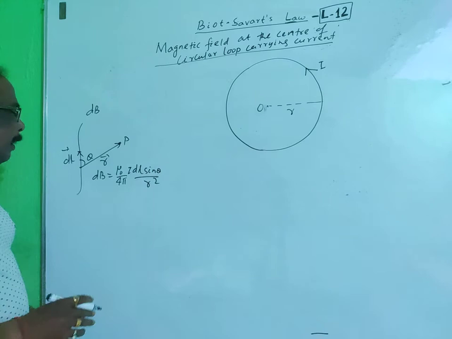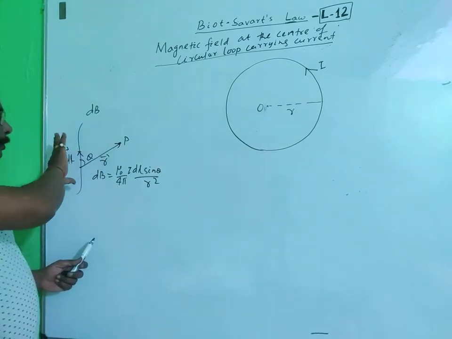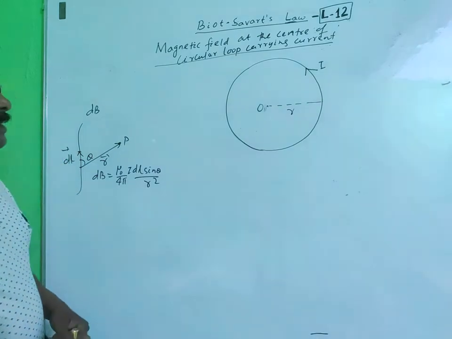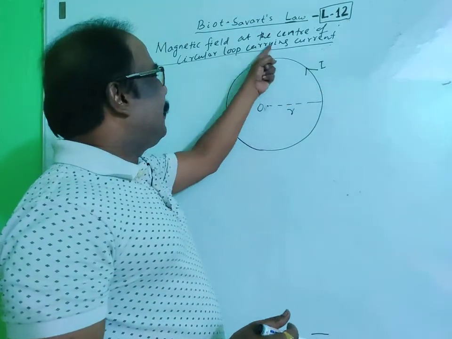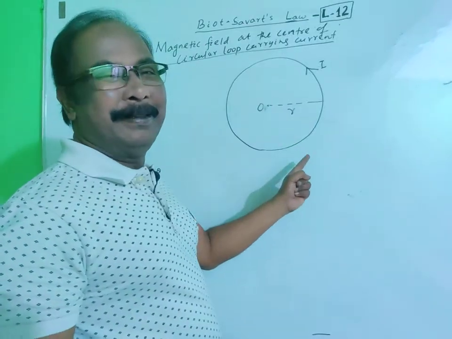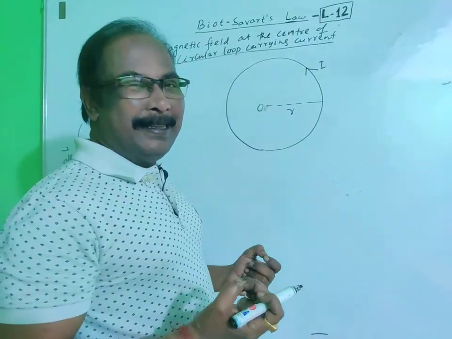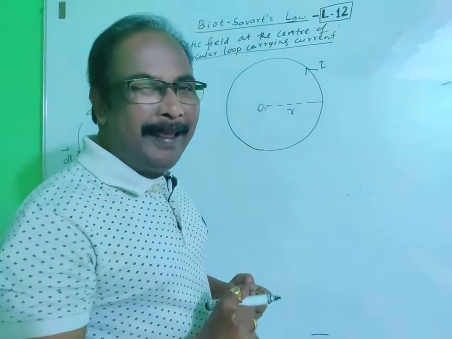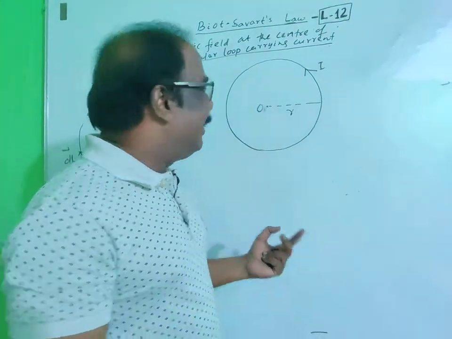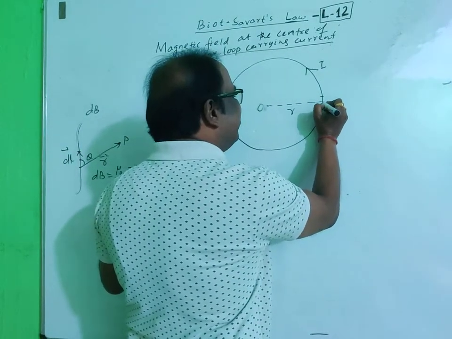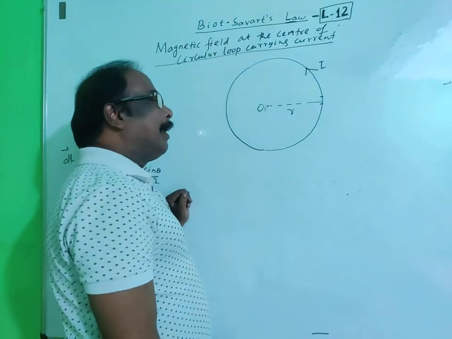This is the basic formula. Again we can determine the direction by the right hand thumb rule, here inwards. So this whole circular loop may be considered to contain a number of elemental lengths, each of dl. Let's consider this is an elemental length dl.